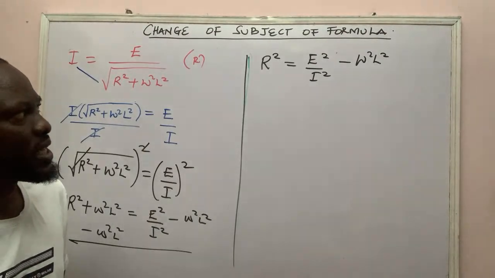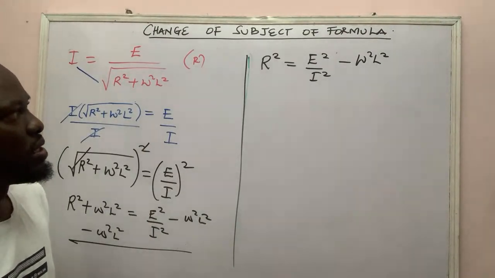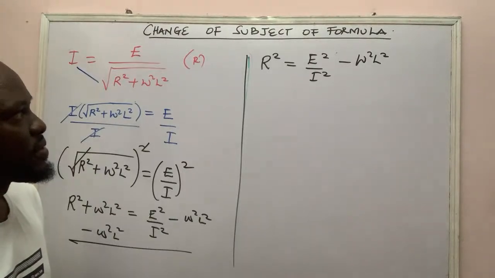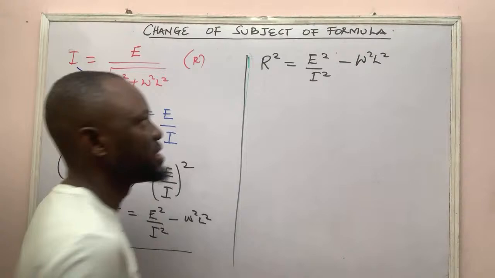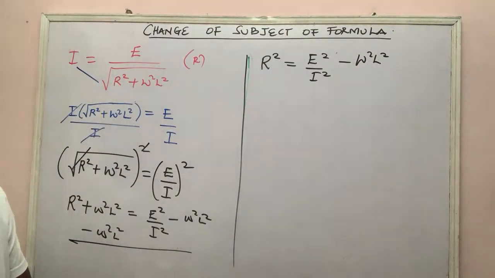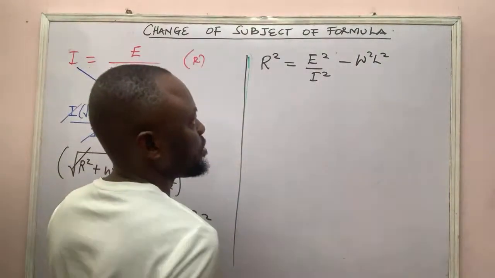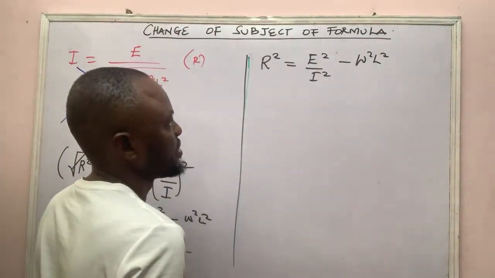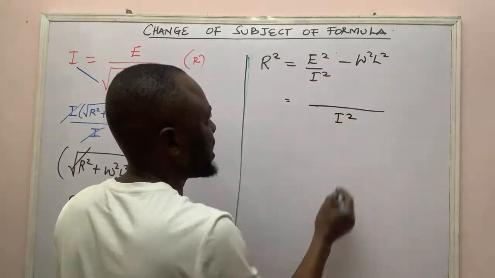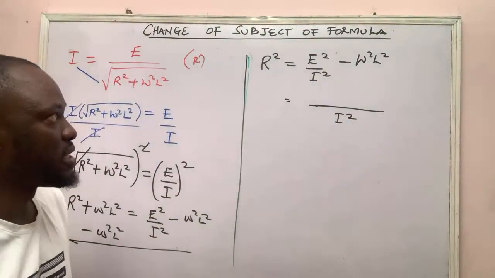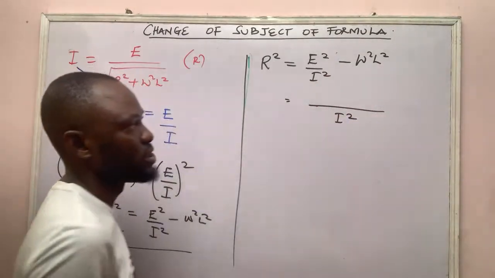So we can decide to find a common denominator for this. All right, our common denominator could be I squared for this and this part of the equation.